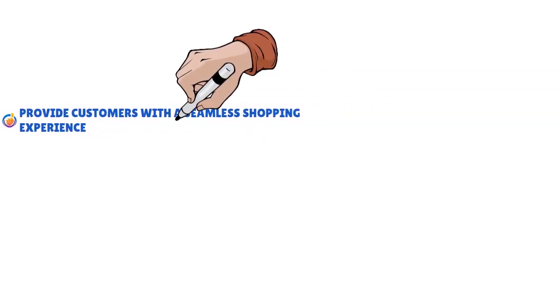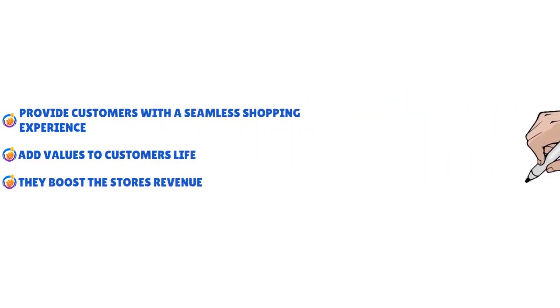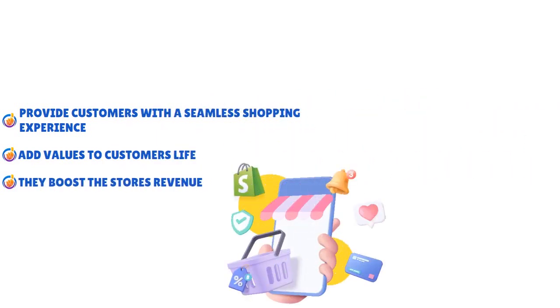They provide customers with a seamless shopping experience, they add value to customers' lives, and they boost the store's revenue, which is great. Buyers can purchase items without needing to navigate away from the video content and search for the product themselves. That's kind of cool.